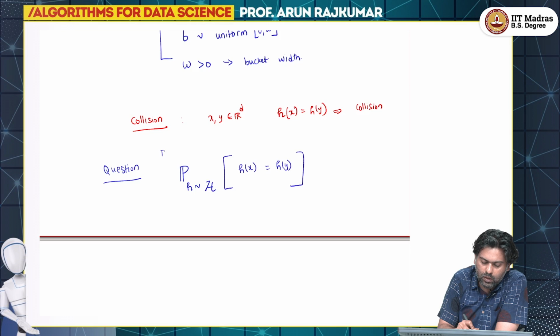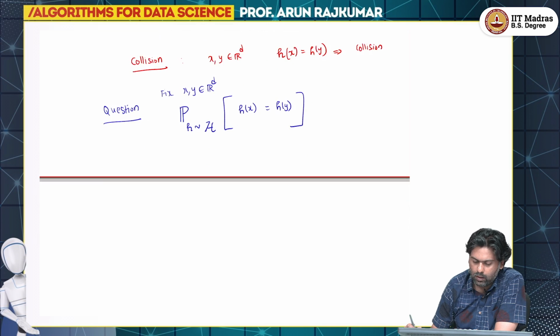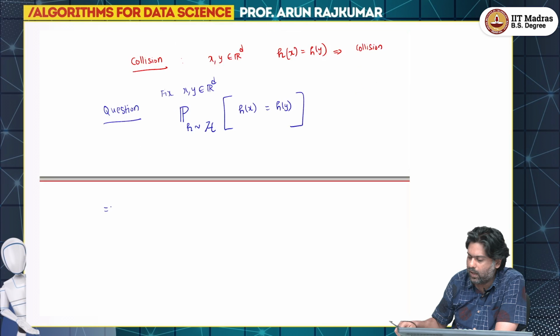So let us say we fix x and y in R^D, any x and y, and I want to argue what is the chance that h of x equals h of y. Okay. So why do I care about this?